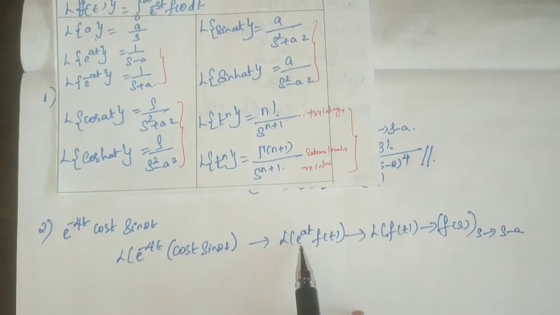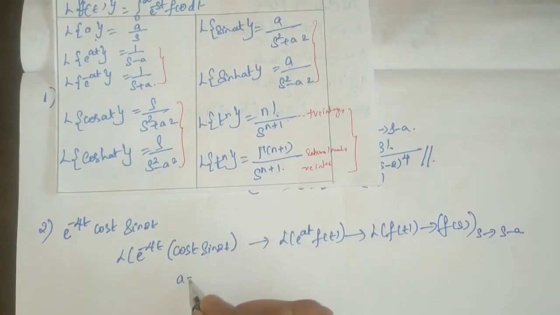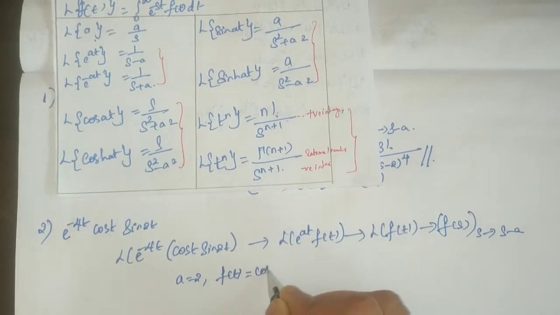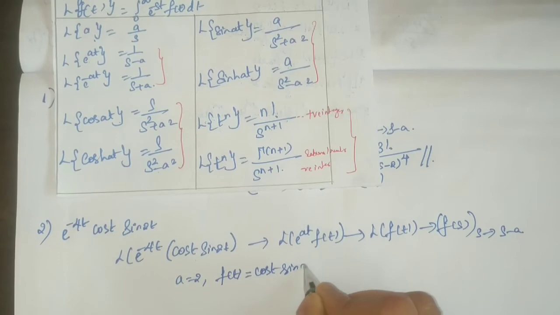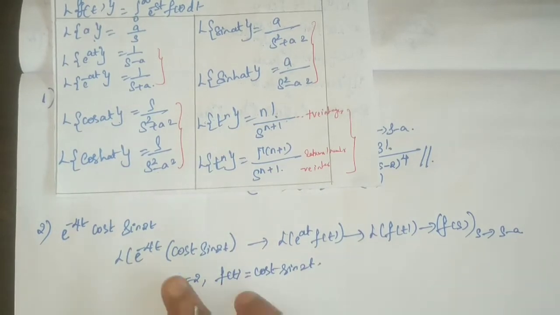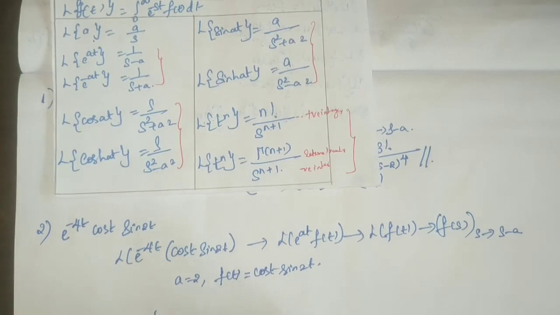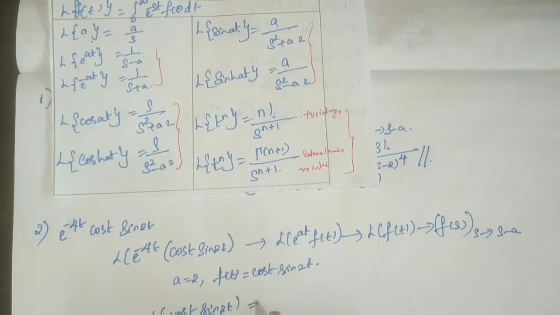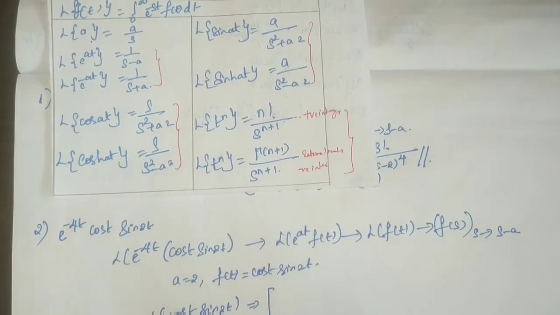Now when you compare, instead of a it is minus 4, and f of t is cos t into sin 2t. Now we need to find directly the Laplace transform of cos t sin 2t. Once you get the Laplace transform of cos t sin 2t, the answer will be f of s.